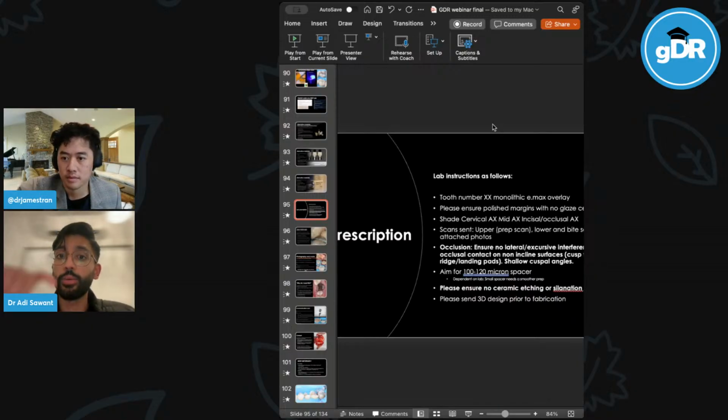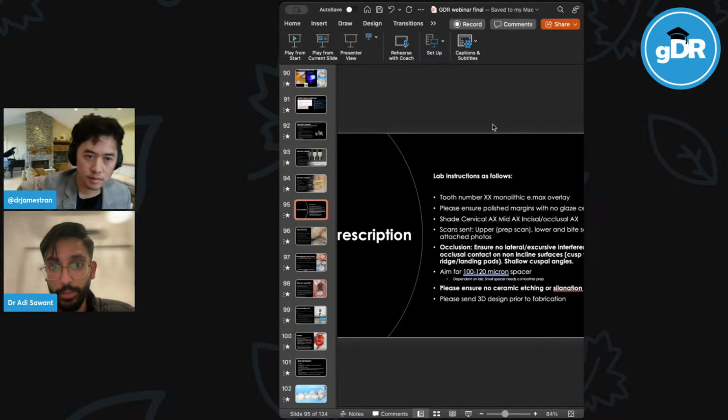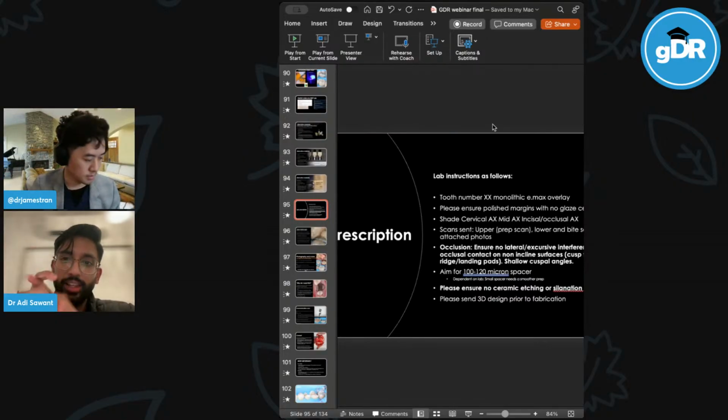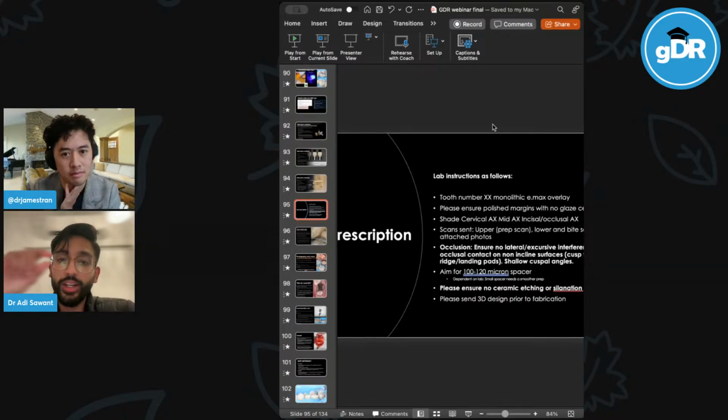But that's why I said we want to use a micro hybrid heated packable composite. So good examples for brands, Clearfil APX, like I said, and I think it's Filtek Z250. The reason we want a micro hybrid is other types of composites have fillers or particles in them that are a little too large, and they actually won't squash down to that spacer limit.